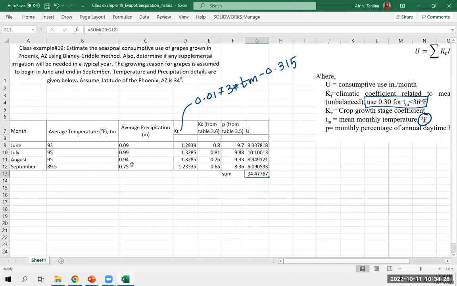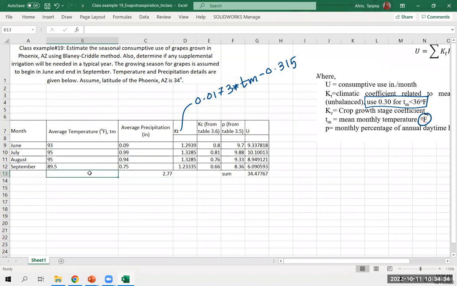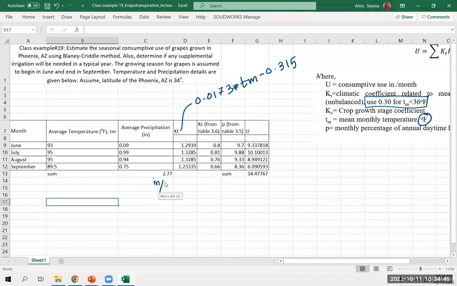So we have individual one. Now we need to find out the summation again, right? Okay. So let's write down the unit, 2.77 inch per season, right? Because that is the total. And here, inch per season.